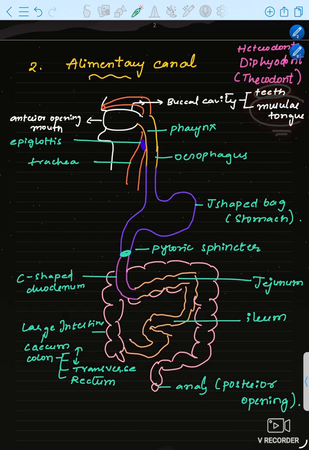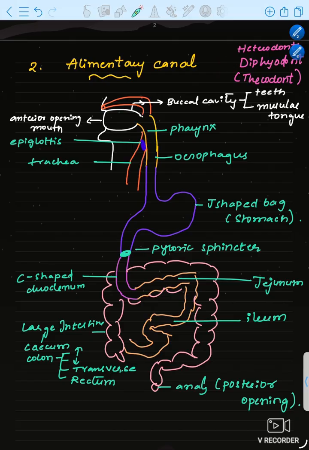Here the teeth are heterodont, diphyodont and thecodont. Thecodont means the tooth is embedded in a socket. Diphyodont means two times: in childhood you have milk teeth or deciduous teeth, and later on they fall off and permanent teeth are formed.